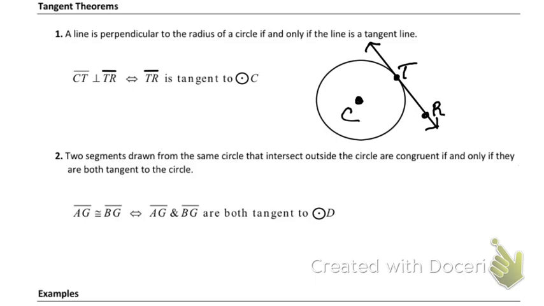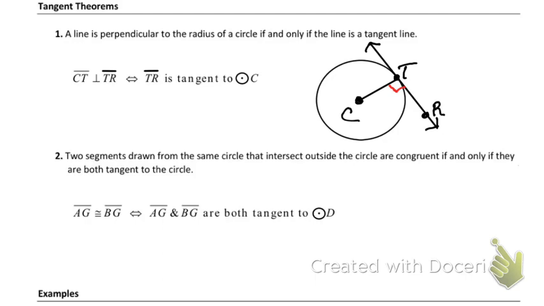So CT would be that radius, which will be perpendicular if, see these double arrows? That stands for if and only if. It means it goes both directions. That is our if and only if. TR is tangent to circle C. So you can say the statement in any direction you want. You could say CT is perpendicular to TR if TR is tangent. And you can also say TR is tangent if it's perpendicular to the radius.